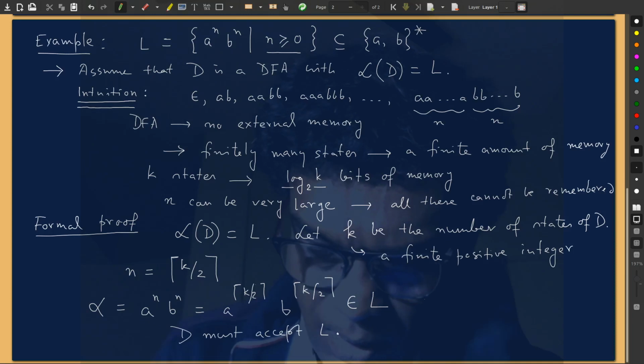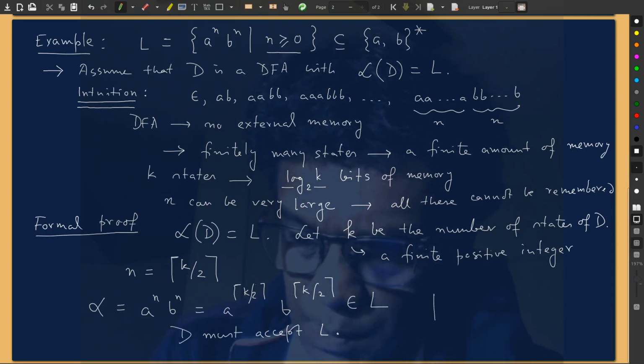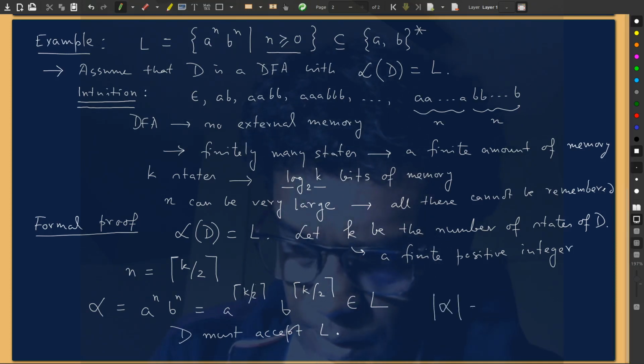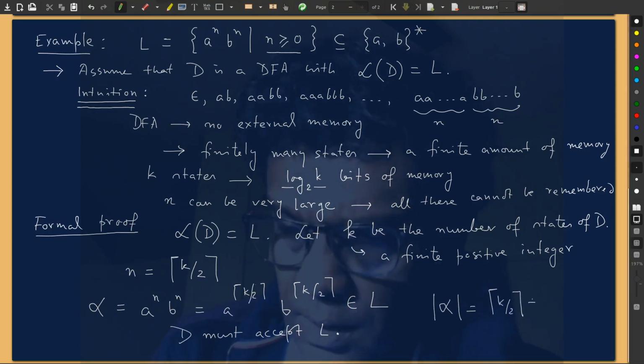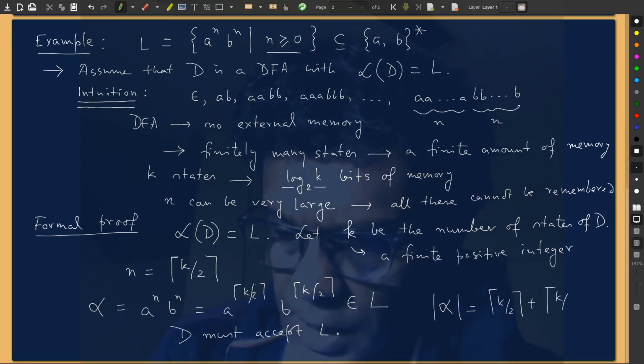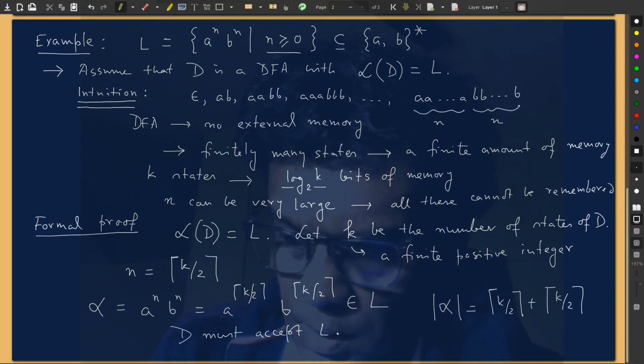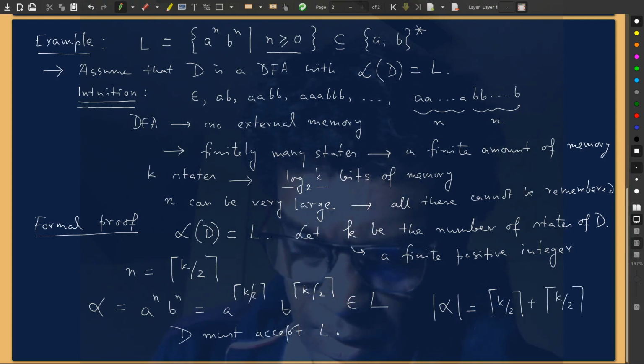The total number of symbols in alpha is ceiling of k by 2 plus ceiling of k by 2, which is definitely greater than or equal to k.